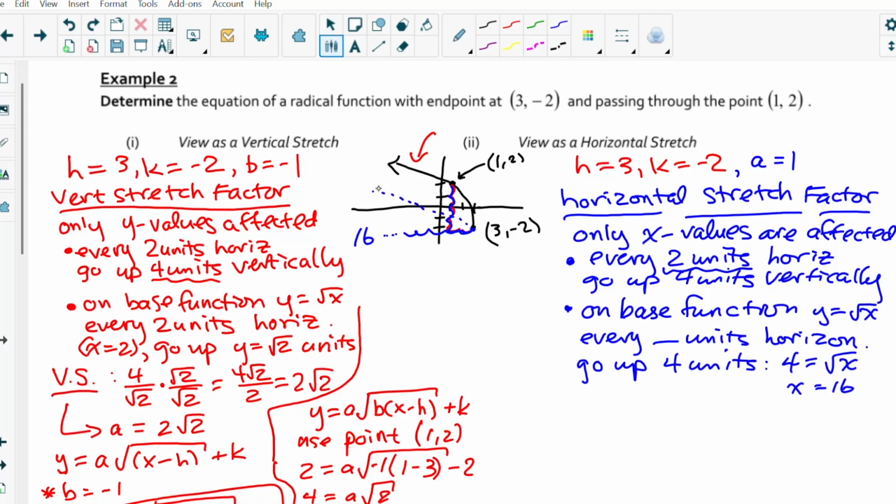If I do my base function here, to reach 1, 2, 3, 4 units. Okay, so it's 16 units on the base function y equals square root of x. Every 16 units horizontally go up 4 units vertically.